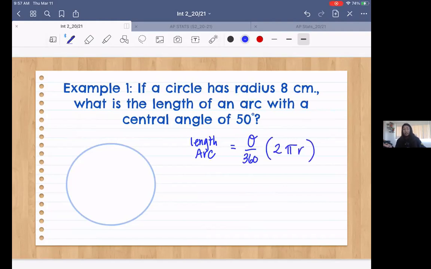So make sure you distinguish between the 2 formulas and know if it's 2 pi r or pi r squared. So if I were to draw this into my picture, my radius is 8, my theta is going to be 50. And notice how I labeled it so that when I get to the formula itself, it's just an easy substitution.